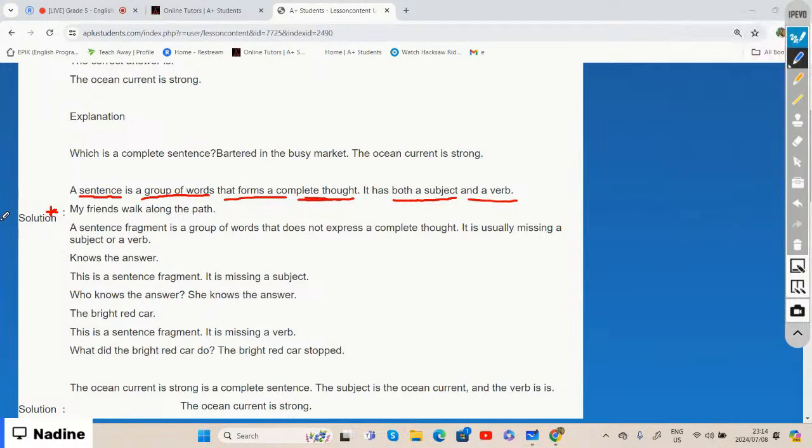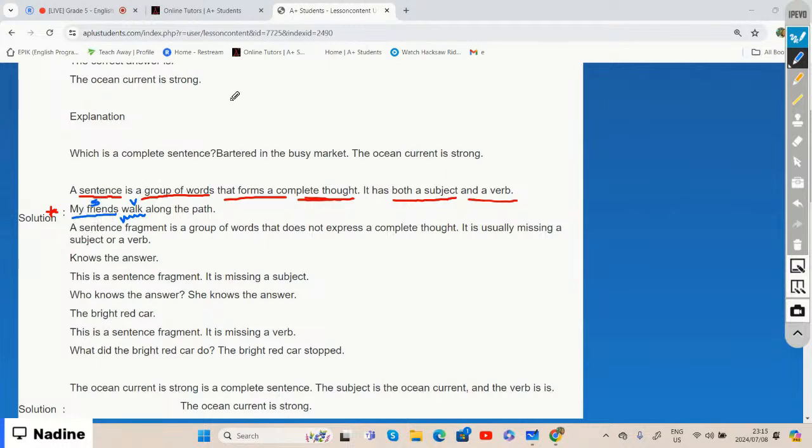And the subject is my friends, or just friends, and the verb is walk, right? So that basically shows a complete sentence because it has a subject and it has a verb. So the V for verb and the S for subject. So that is a complete sentence.